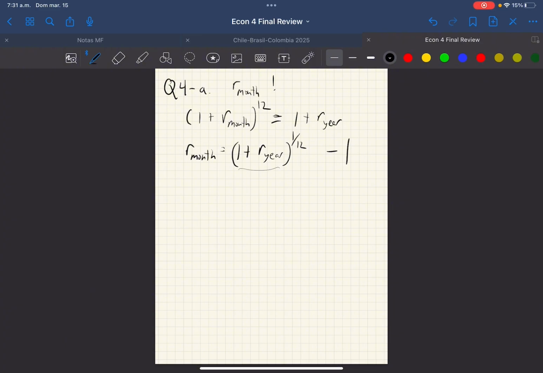And so then if you plug in, we know R year is equal to 0.05, so 1 plus 0.05 because it's 5%, to the power of 1 over 12, minus 1. We're going to end up with an effective monthly interest rate equal to 0.41%. Remember, this is the percent, so it'll be equal to 0.0041.